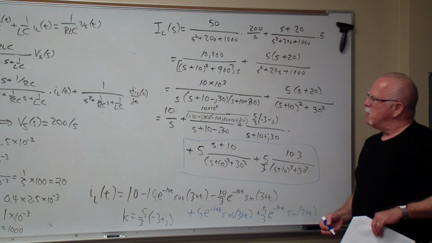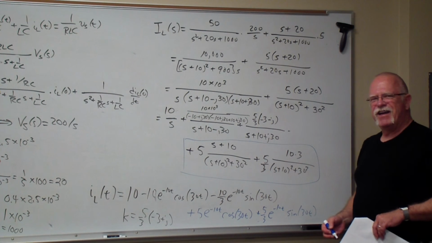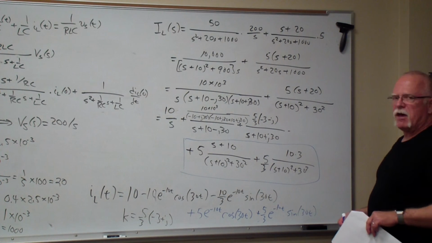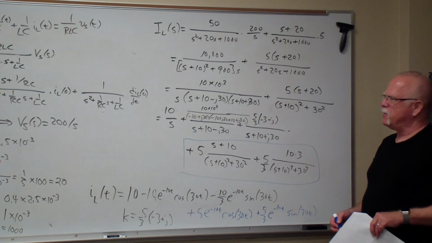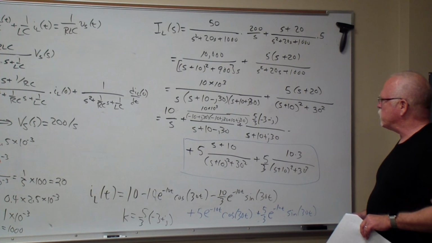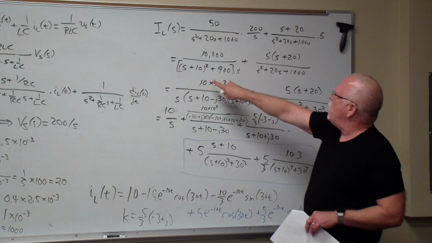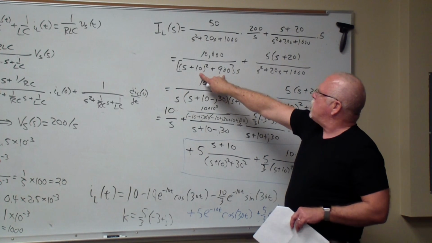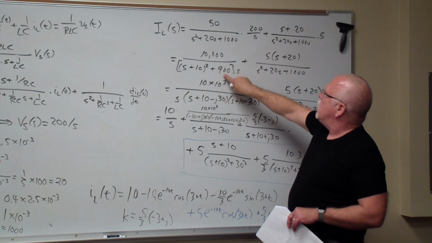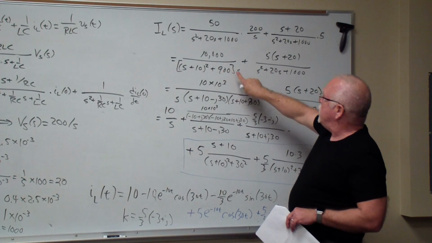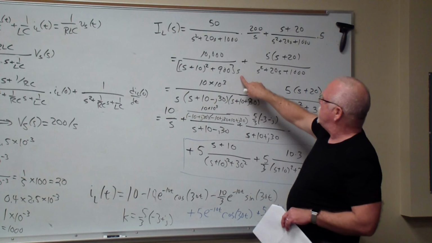So it's a bear. Anytime you have complex roots, it's a bear. And that's why MATLAB does that for you. But you need to also have a sense of how to work them by hand. I mean, the key points are, once you get to this point, you say, oh, this is going to be e to the minus 10t cosine 30t plus something e to the minus 10t sine 30t, and then you've got your constant term here from the s there.